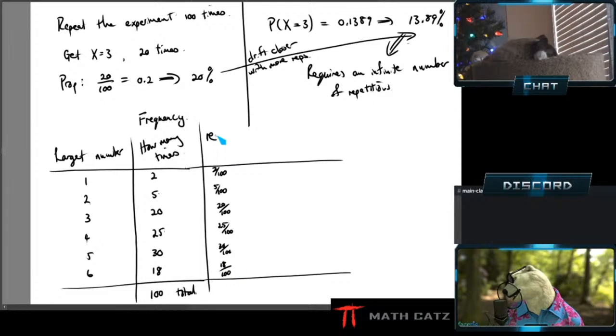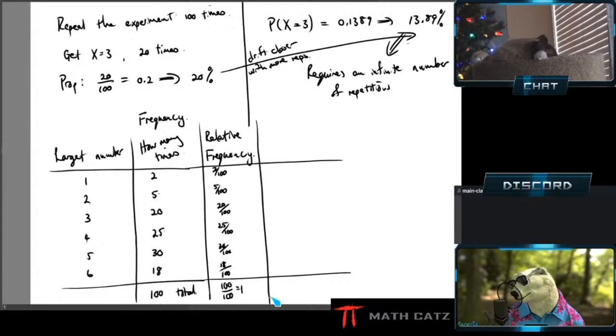I'll rewrite this. We'll call this the relative frequency, because it's relative to what? To the number of times that I repeated this experiment. If we add up the relative frequencies, what should we get? 100 out of 100. 1.